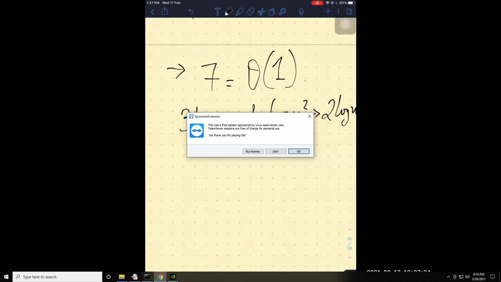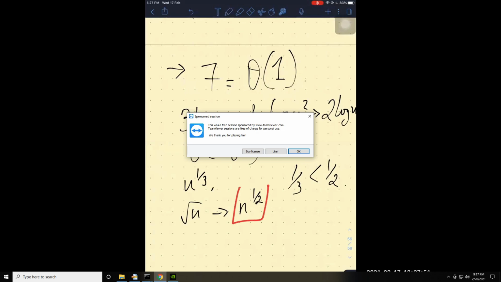So they have the runtime of theta log n. And then we have n to the power 1/3, then square root of n, which is n to the power half. So 1/3 is less than half. So square root of n will grow faster than n to the power 1/3.